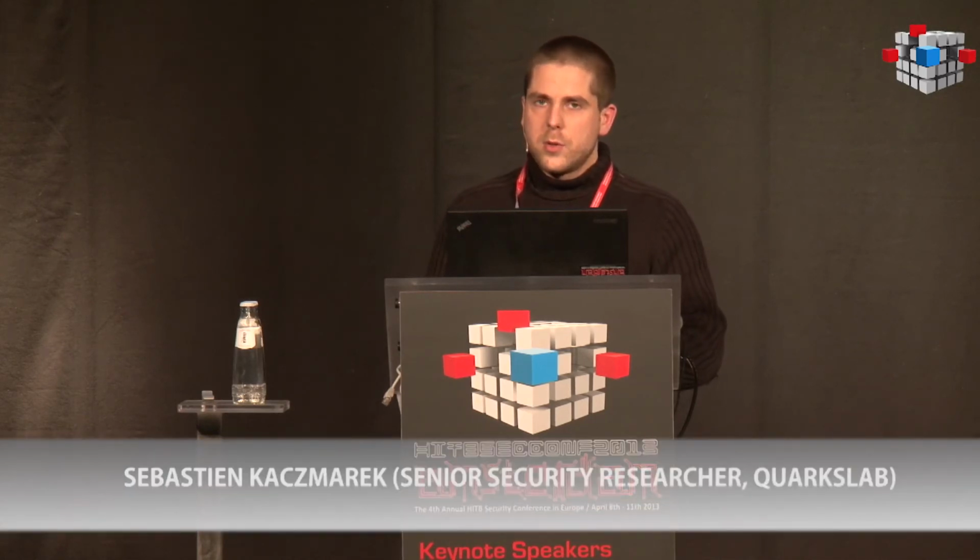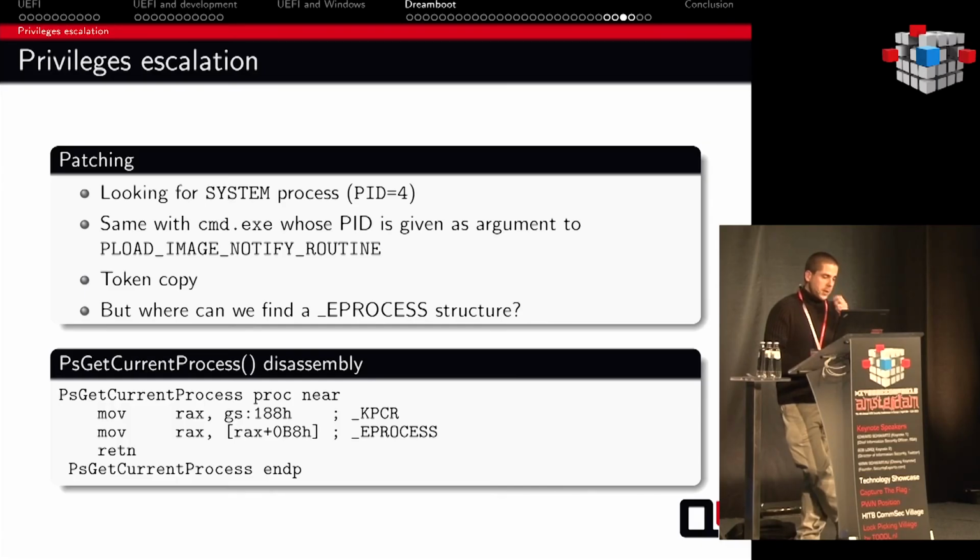So my idea is to substitute the token field and replace it with a high privileged token. So my idea is to copy the token from a system process, which always has the same PID 4, and we can do the privilege escalation.